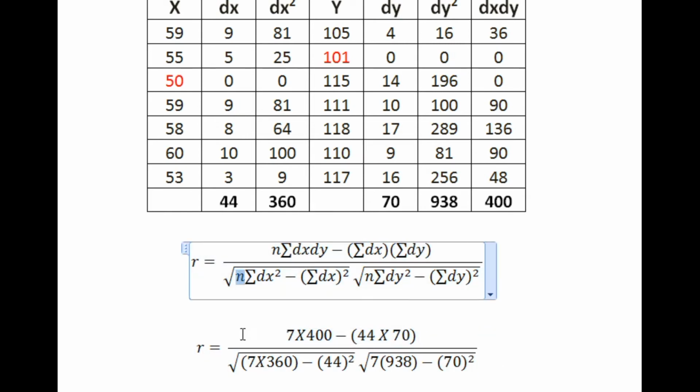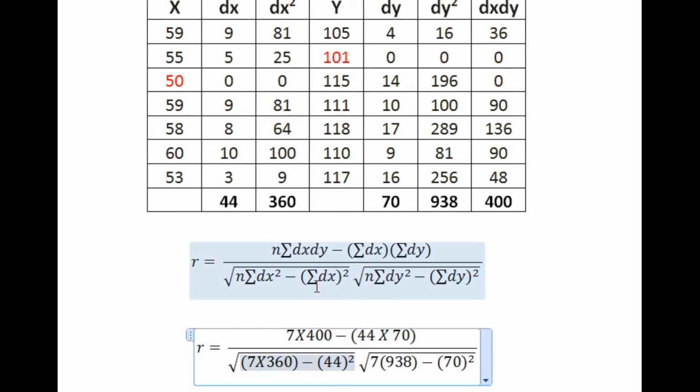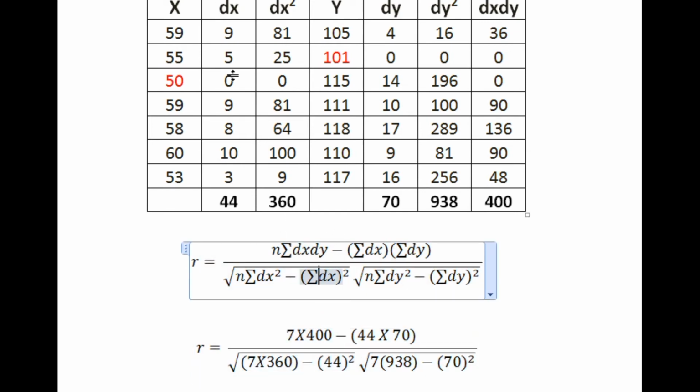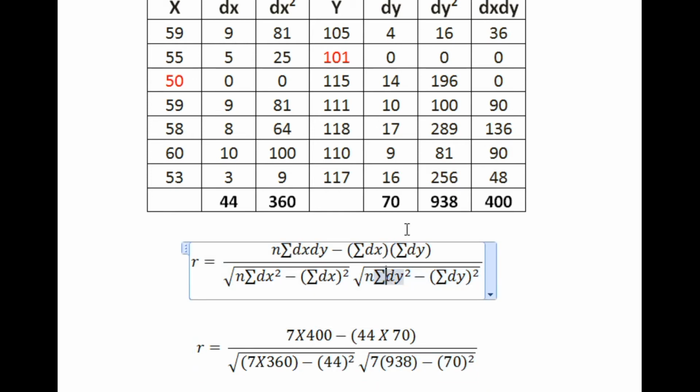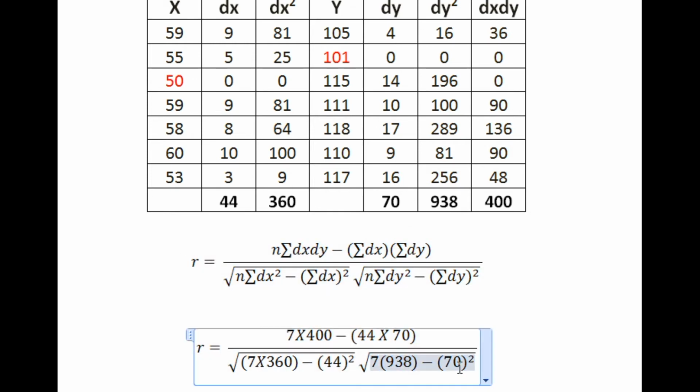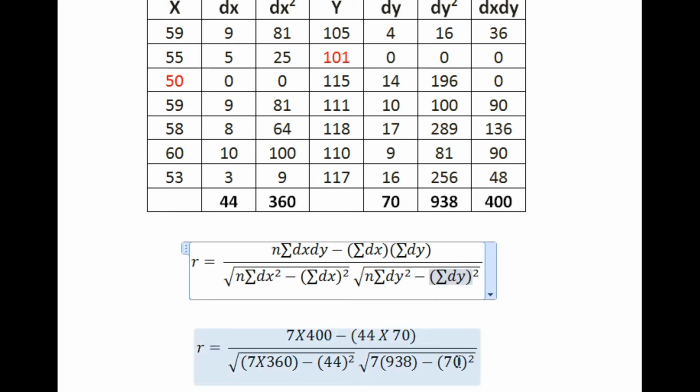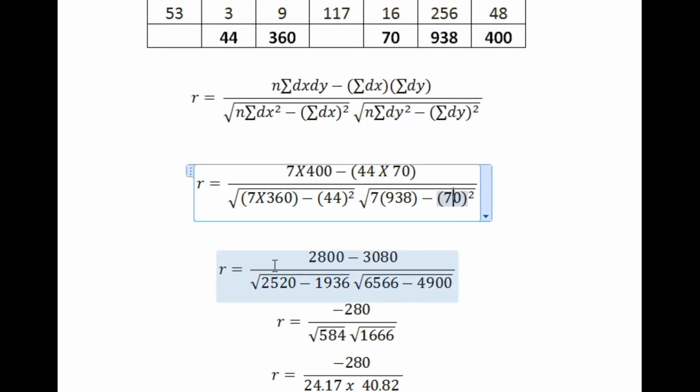N is once again 7. Summation of dx square is 360. And summation of dx, whole square: 44 whole square, into the root of 7 times the summation of dy square, which is 938, minus the summation of dy whole square, 70 whole square. You need to simplify now.